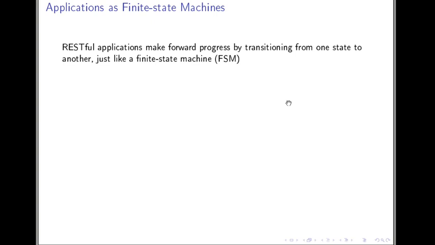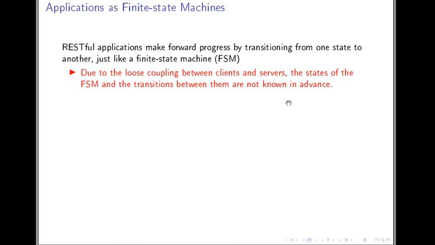Every page is one state, and the next state can be linked using the hypermedia connection, and in this way the client state is transferred from one state to another state. Due to the loose coupling between client and server, the state of the FSM and the transitions between them are not known in advance.